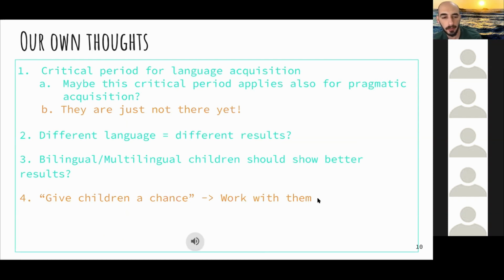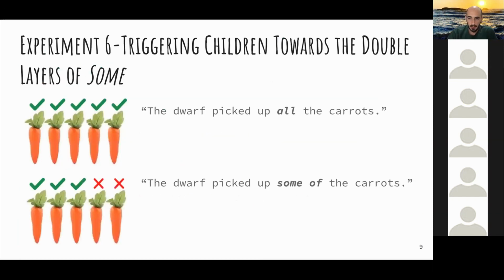If you can go back to the previous slide, right? The critical manipulation, maybe you're going to say that again, but I just want to make sure that everyone is on the same page. The critical manipulation that improved children's performance was to show them the trials where all was wrong, right? So both the trials where all was appropriate, true in the upper context, and also the trials where all was false in a subset context.